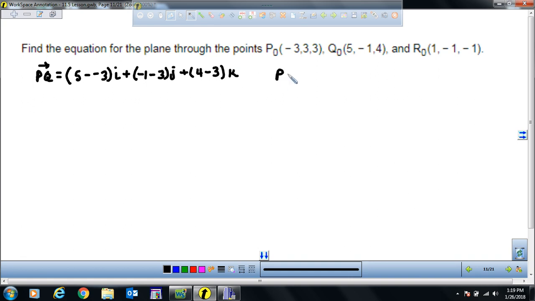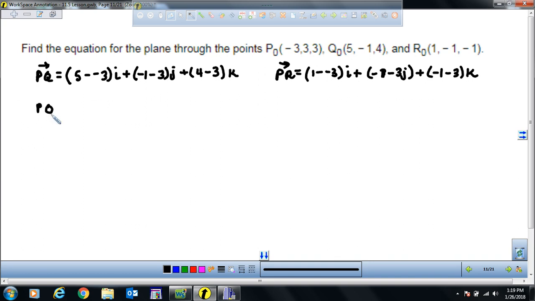We're going to do the same thing, but now from P to R. So we're going to do R minus P, which is 1 minus negative 3 i, plus negative 1 minus 3 j, plus negative 1 minus 3 k.